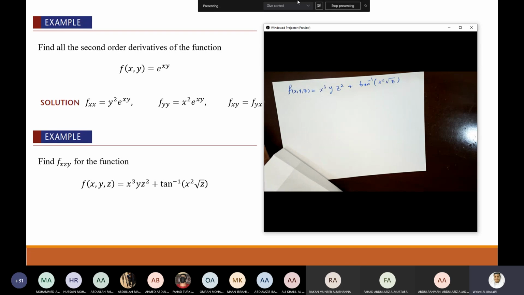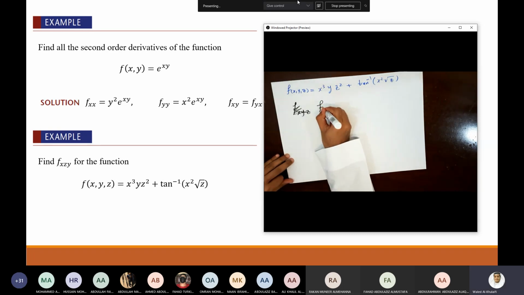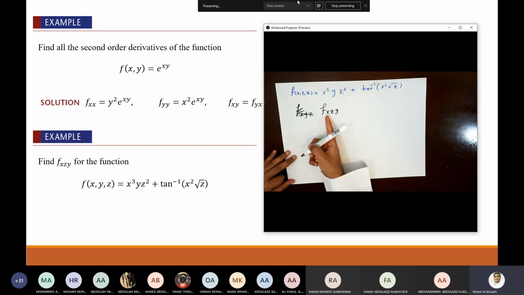Now we need to find f x z y. ايش معناته يا شباب؟ I differentiate first with respect to y ولا z ولا x يا شباب؟ مين ابدا في الدرب؟ x هذه اول، بعدين z وبعدين y.